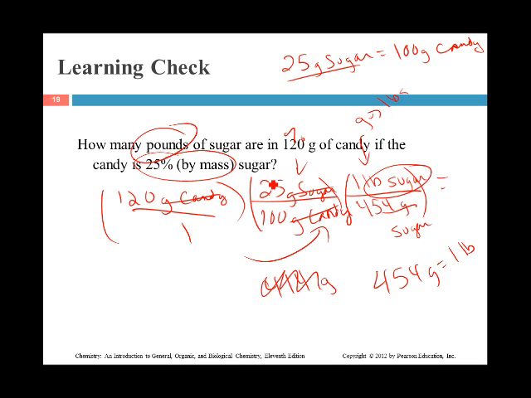So it'll be 120 times 25 divided by 100 times 1 divided by 454. Put that in your calculator. That comes out to be 0.066 pounds of sugar.